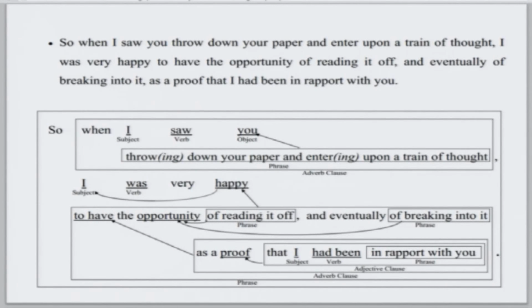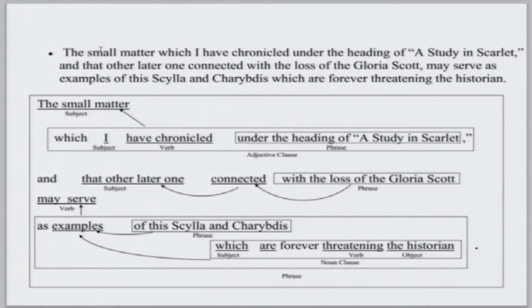And incidentally, this whole thing is a phrase having inside it embedded many other things. Okay? The small matter which I have chronicled under the heading of A Study in Scarlet, and that other later one connected with the loss of the Gloria Scott, may serve as examples of this Scylla and Charybdis, which are forever threatening the historian. Okay.